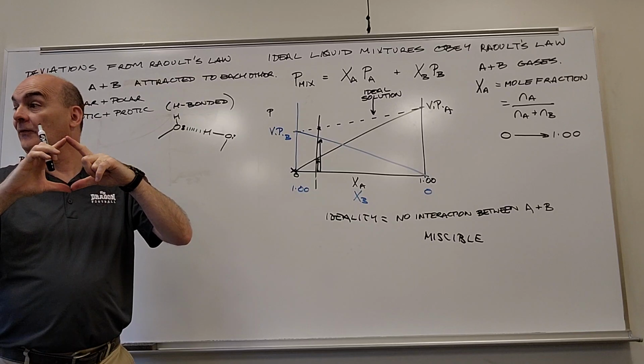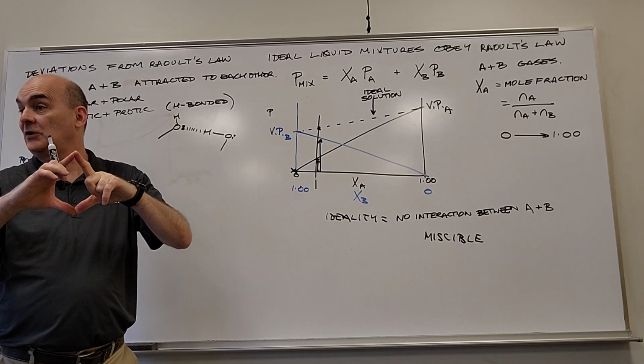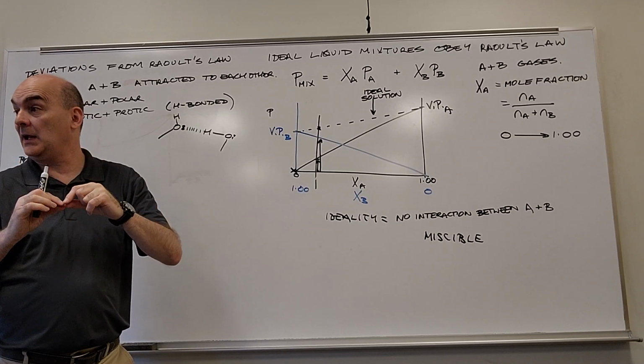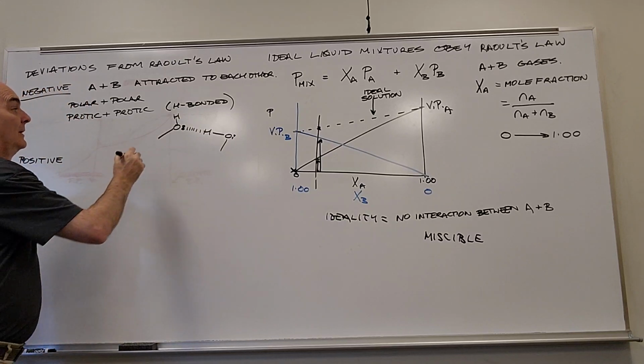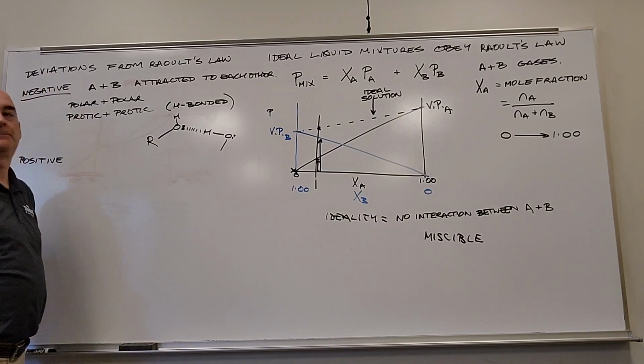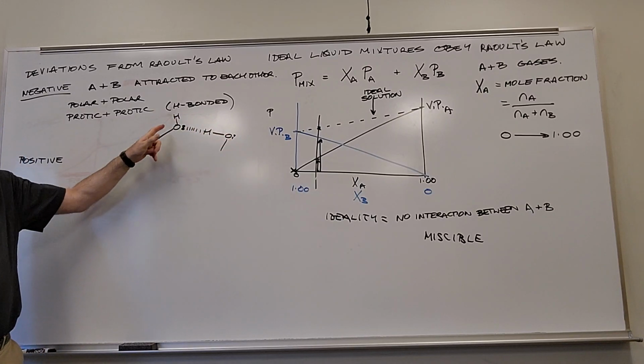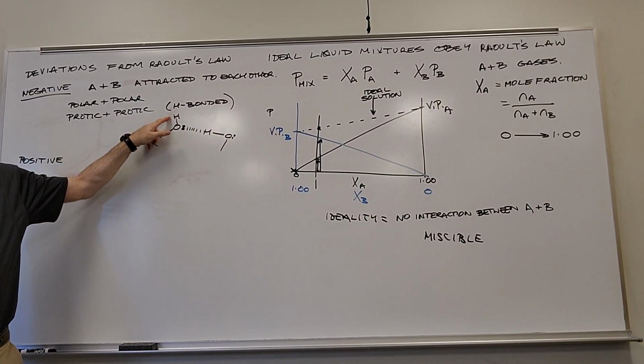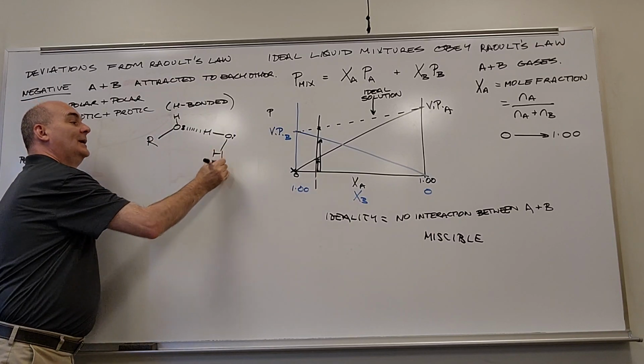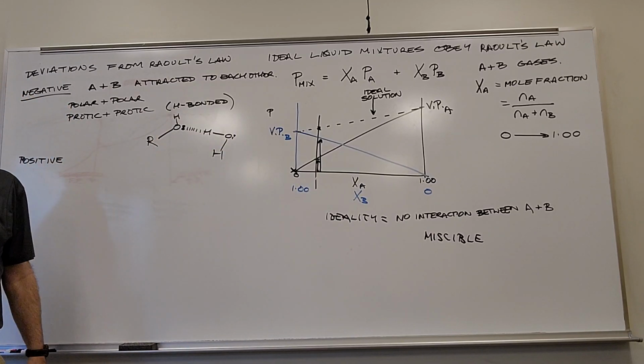The actual physical size of the solution will shrink because this alcohol is only capable of making one hydrogen bond because it has one hydrogen, whereas a water is capable of making two.